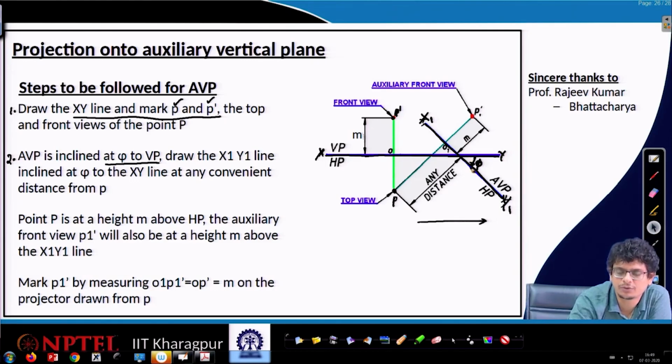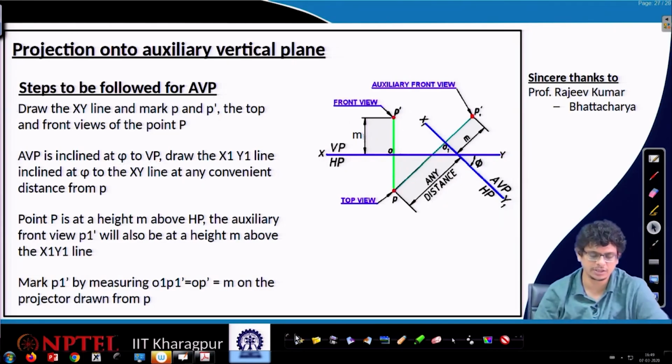So, that is the projection we will see with respect to xy, and this plane can be here, it can be there also. So, at any arbitrary distance we should be in a position to construct this plane.